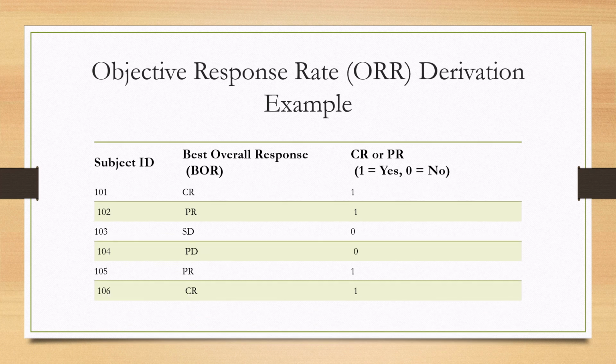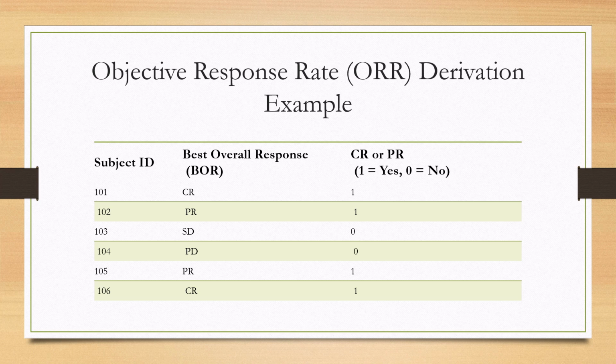Let's understand the objective response rate with an example. In this case, you can see the best overall response, which is BOR, having values such as CR, PR, SD, PD. To calculate the objective response rate, we should consider the records which are having CR and PR.